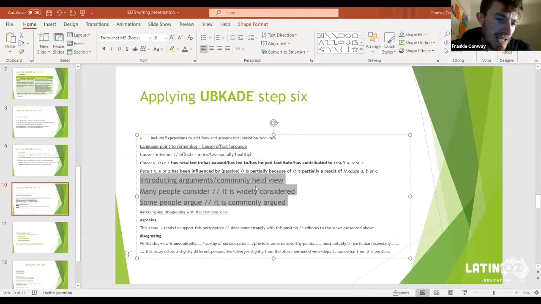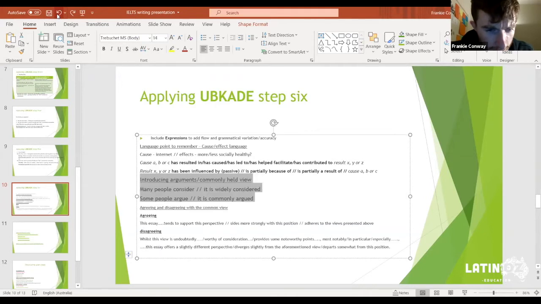So we could say here, many people consider in the active voice, or it is widely considered in the passive voice. Some people argue in the active voice, or it is commonly argued in the passive voice. So that's simply, guys, the first sentence you would use in your main body paragraph. You could use one of those expressions.